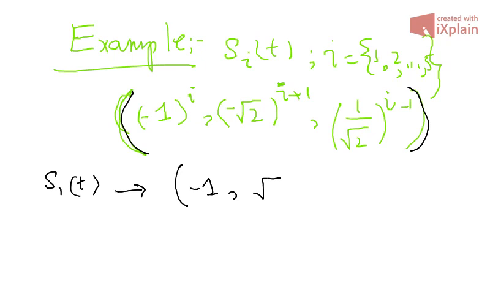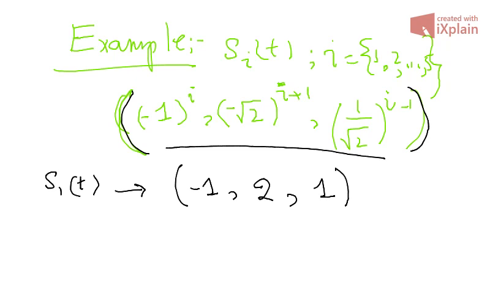It's not √2 actually, it would be the square of this one, so it would be 2, and the third one for this will become 1, unity, right? So these are the coordinates of S1(t) from these given coordinates. I just substituted i equal to 1 in the above expression, and I got the coordinates for S1(t).